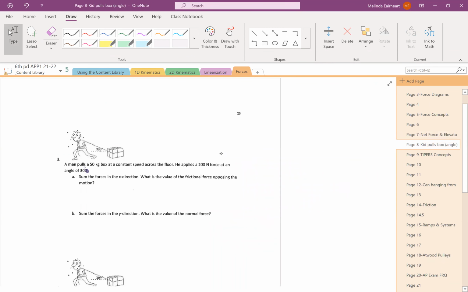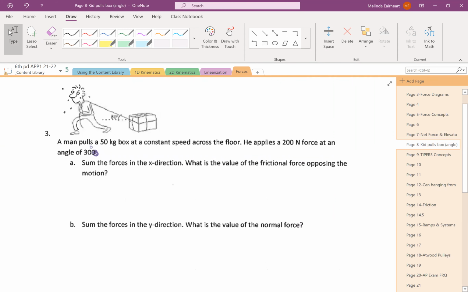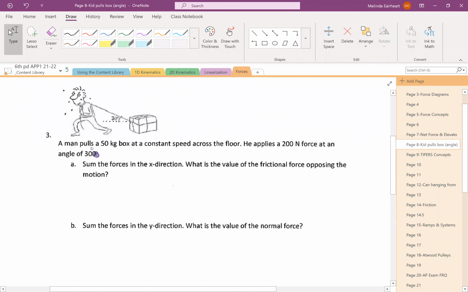Page 8. We're still gonna apply a force to a box, but this time we're gonna use a string. Typically, when you apply a force with a string, what do we call that force in a string? Tension, okay? As long as you don't start saying, oh, there's an applied force and tension. No, pick one. Typically, I go with tension.